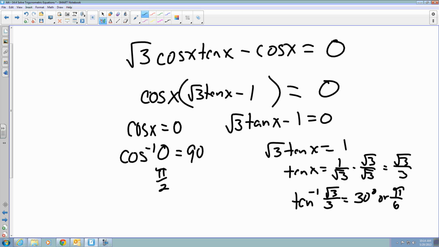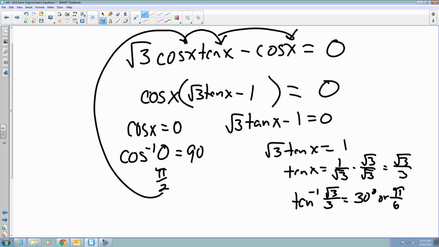So if I were to plug in pi over 2 into this x, and more importantly, what if I were to plug it into the tangent of x? If I were to plug into my calculator the tangent of pi over 2, I would receive an error, which means it's no solution. So if x were to happen to be pi over 2, it would be no solution. So I can't use this solution in order to solve our equation. The only one that works is the reference angle of pi over 6.